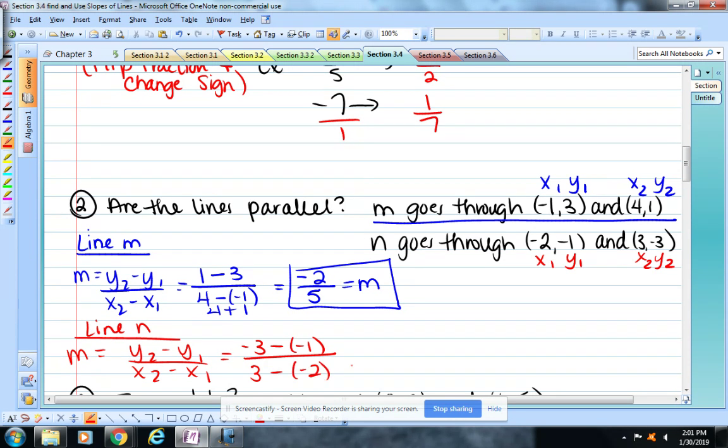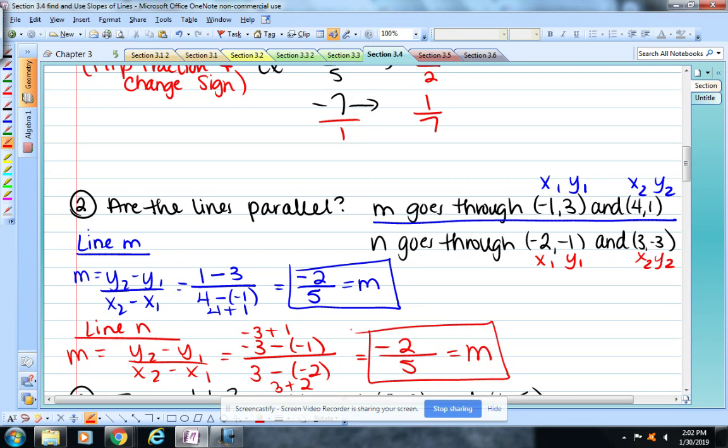All right, I got lots of double negatives to fix. So this changes to -3 plus 1, correct? Which is -2 over, that changes to 3 plus 2, which is 5. So my slope of line N is also -2/5.